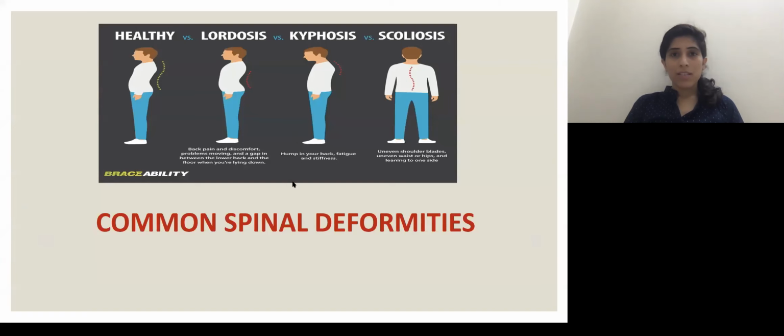In today's presentation, we are going to include the main common spinal deformities: lordosis, kyphosis, and scoliosis. As we all know, in the newborn baby or during fetal development, the primary curves are present in the thoracic and sacral region, that is the posterior curve.